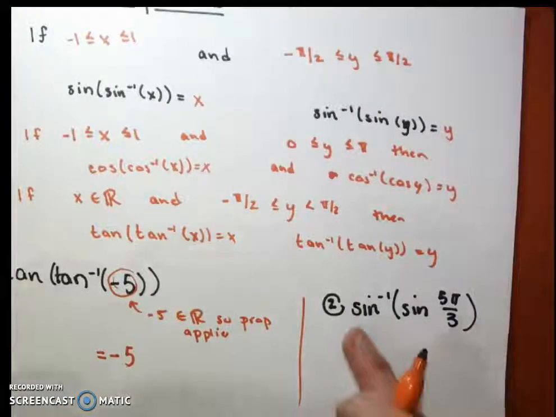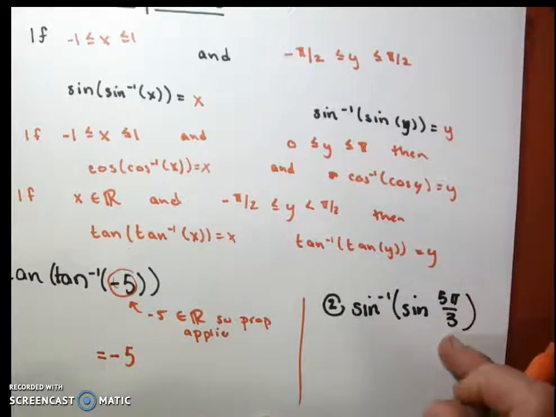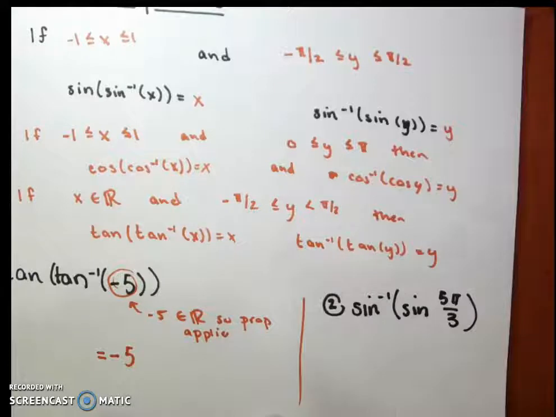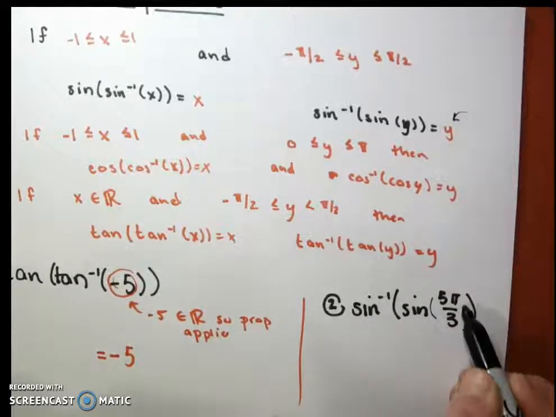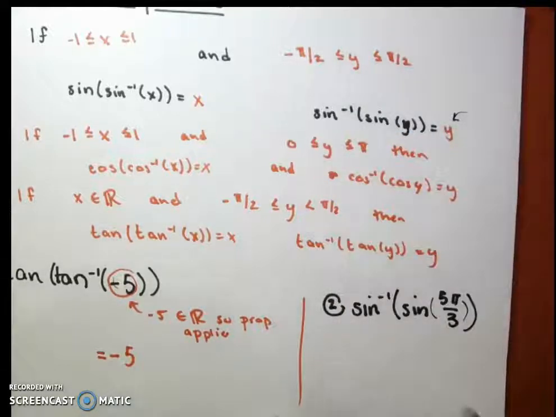In this next example, we're computing sine inverse of sine of 5pi/3. So it looks kind of like this case, but we need to check that this 5pi/3 is in the proper range. So let's think about our unit circle. This is -pi/2.